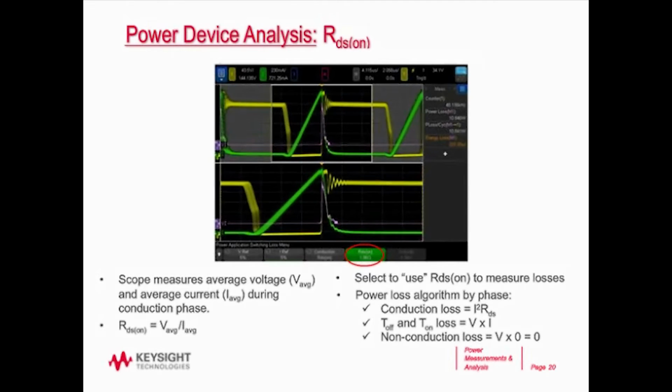During the turn on or turn off phase, it uses the conventional computation for power, and that's volts times amps. And during the non-conduction phase, again, as I mentioned previously, we clamp the current at 0, so it gives you 0 watts during the non-conduction phase.